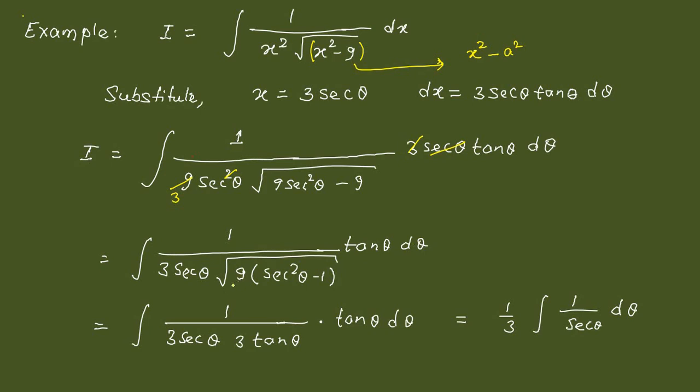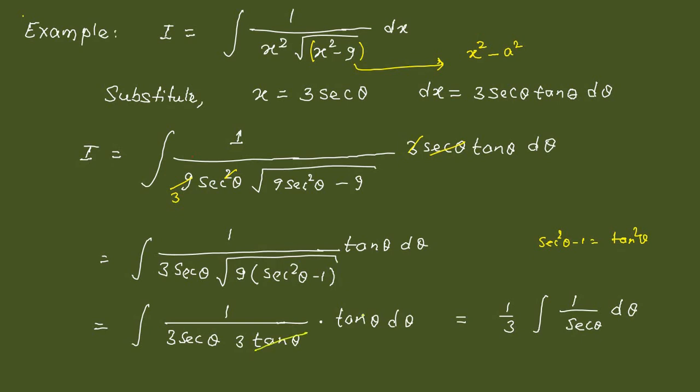After taking the square root of 9 times sec square theta minus 1, we will get 3 tan theta. Why? Because the square root of 9 is 3, and sec square theta minus 1 can be written as tan square theta with the identity, so this will become 3 tan theta.